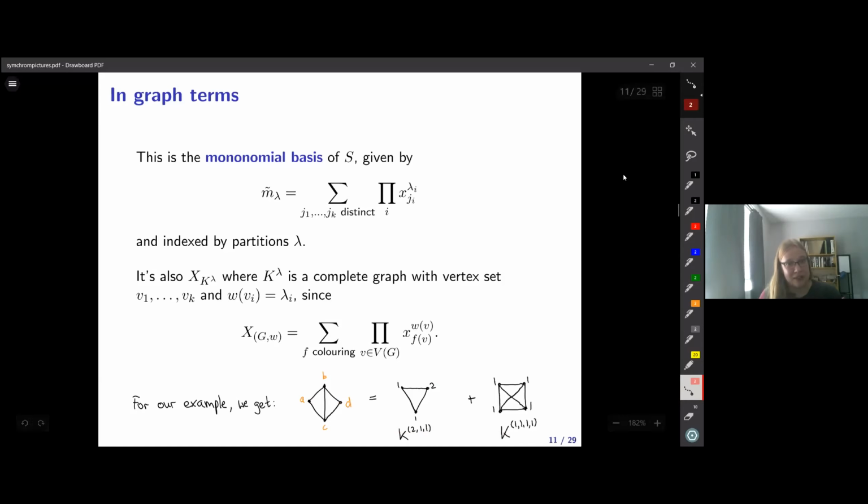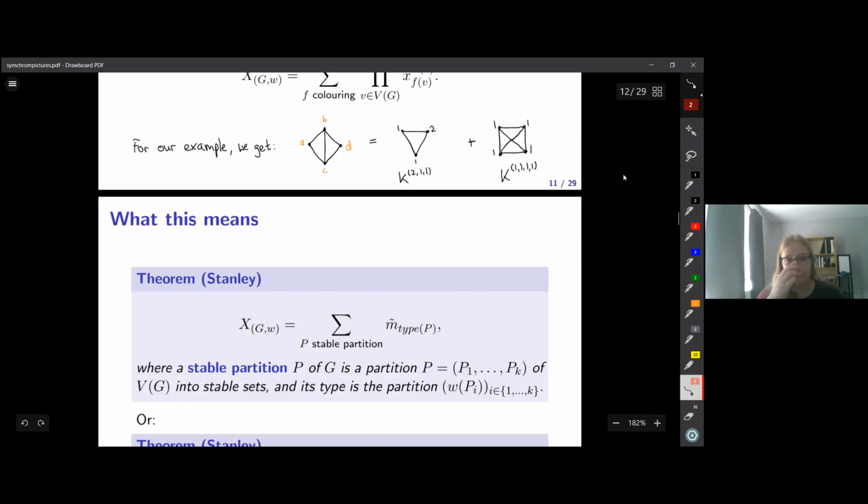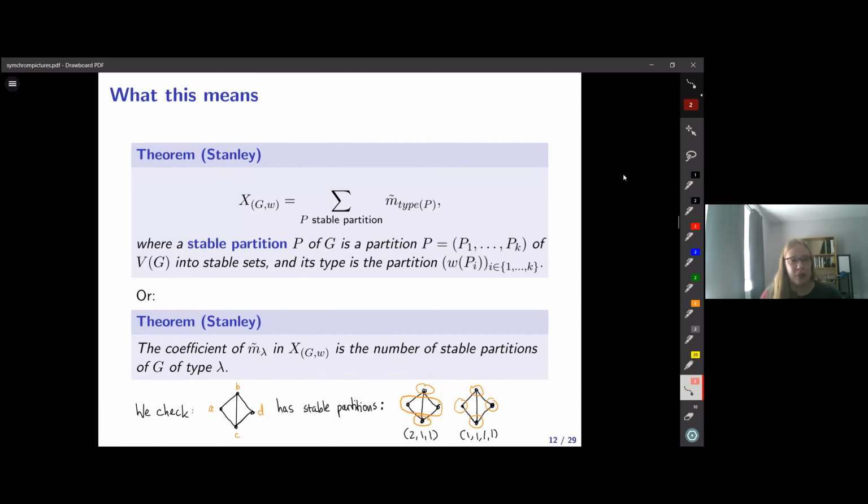So, this agrees with deletion contraction, but also it allows us to not think of symmetric functions, but instead think of these things as graphs.